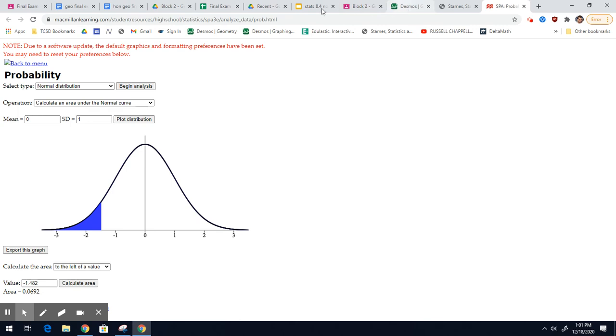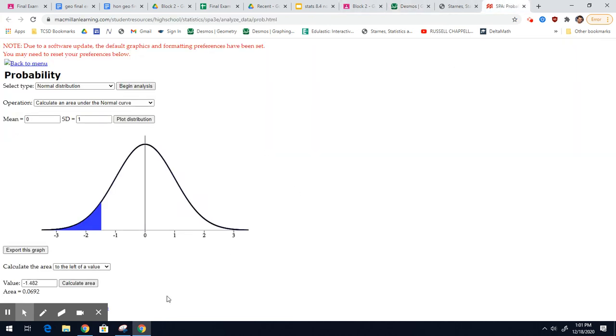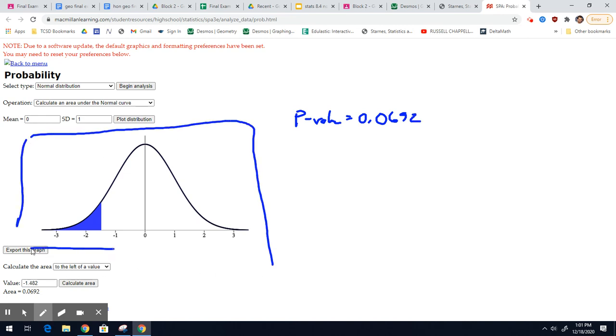And again, let me just double check my values are correct. Negative 1.482. Yes. Okay. So still within my do process. So my p value is going to be 0.0692. And then I want you to copy and paste this graph so I can see the normal distribution with that area shaded.